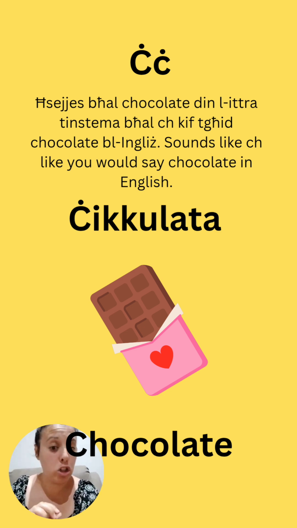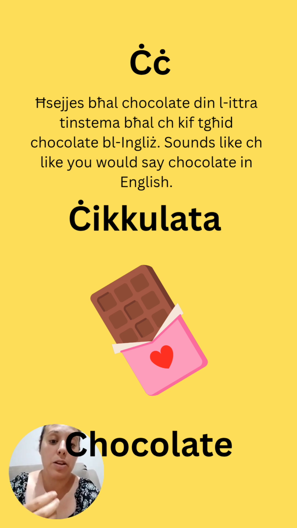Kif tgħid chocolate bil-Ingliż. So this letter sounds like ch, like you would say chocolate in English. So when you see this letter, it looks like the letter C, okay? In Maltese, their C just makes the ch sound. It has a dot on top, okay? Their C does not make the k sound. In English, we have the C that can make the k sound, or the s sound.